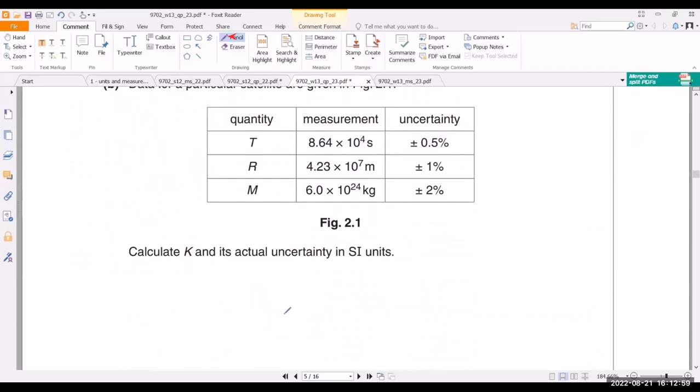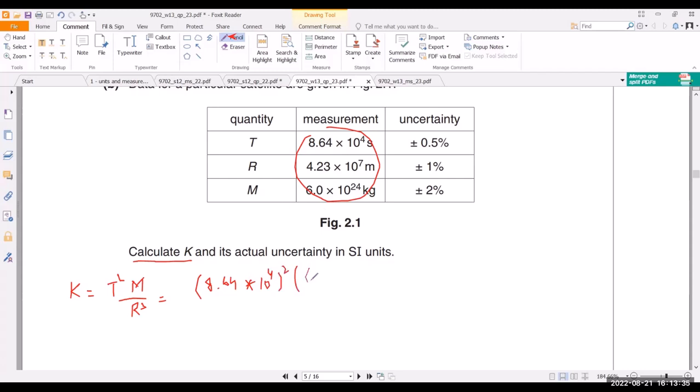Now he's saying to calculate the value of K and its absolute uncertainty. As I told you earlier, take the formula T square M over R cube. And if you are calculating the value of K, just substitute the actual values and leave behind the uncertain part. So in T, you will substitute 8.64 times 10 to the power 4, squared.